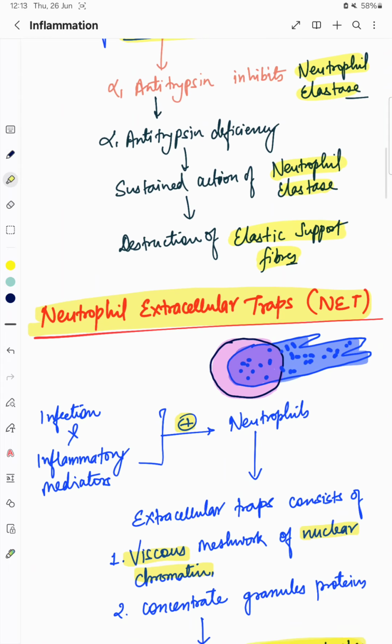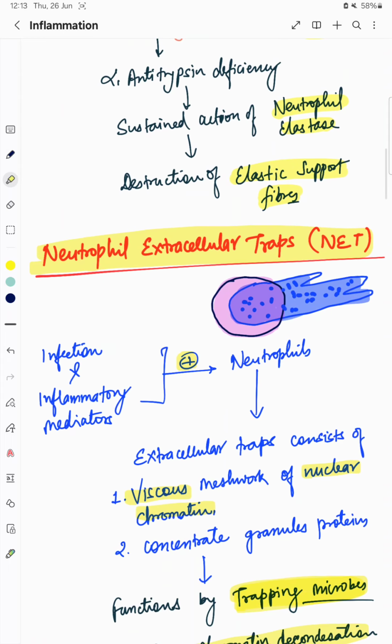And now we will see one more important topic related to this: neutrophil extracellular traps, NET.